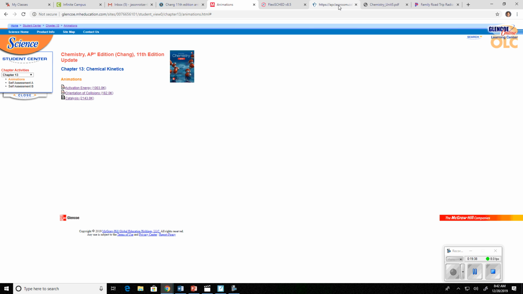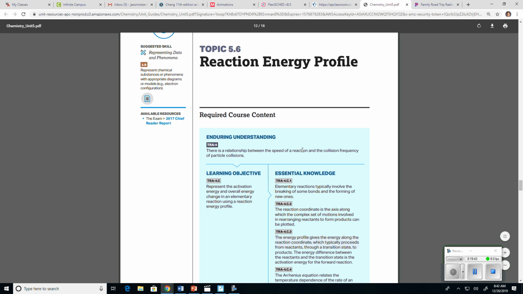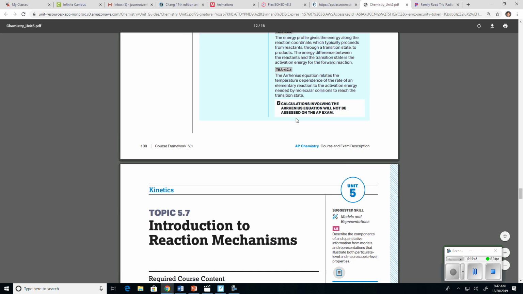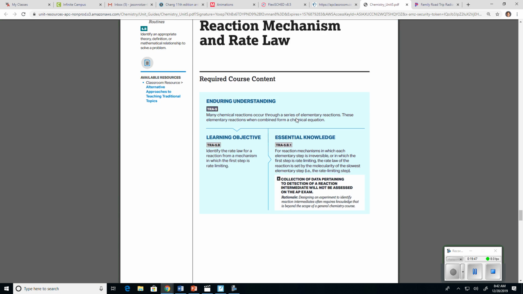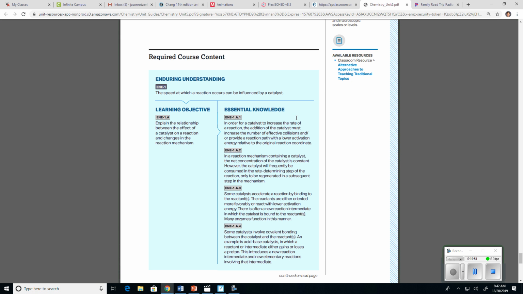Because if I look on your goal sheets here, energy profile is those activation energy curves, but then a catalyst should be on here as well, and it'll talk about how many enzymes function in this manner. So it does talk about an enzyme a little bit, but we'll just talk about how it's trying to speed up something, but it's not being consumed.